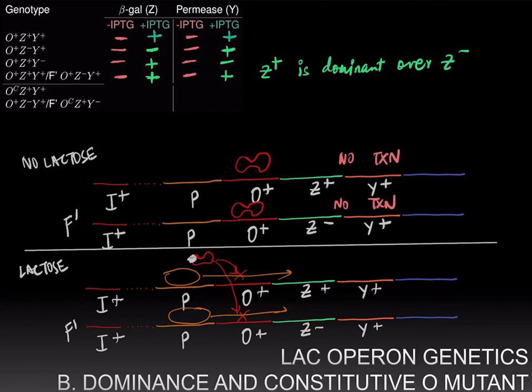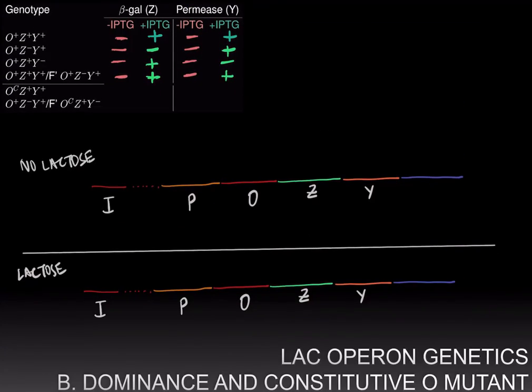Next, let us look at Jacob and Monod's results when they tested the mutant for the operator site, OC. When they looked at E. coli strains that have the OC allele, the mutant allele of the operator site, they found that both beta gal and permease were expressed even in the absence of IPTG.